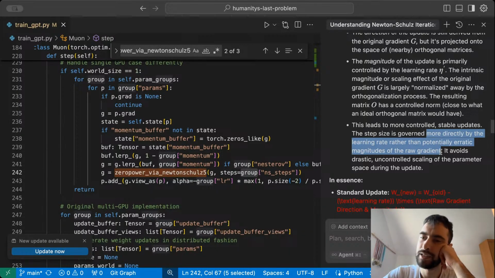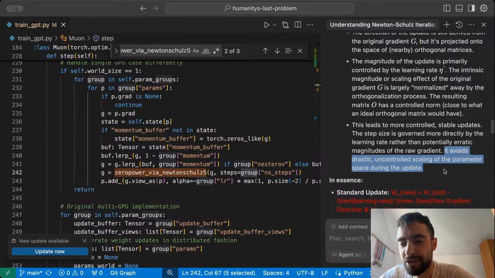But I thought the higher the magnitude of the gradient derivative means higher slope, which means you want to take a bigger step on that slope. So I don't know. We'll figure it out eventually. Everything will make sense eventually. It avoids drastic uncontrolled scaling of the parameter space during the update.